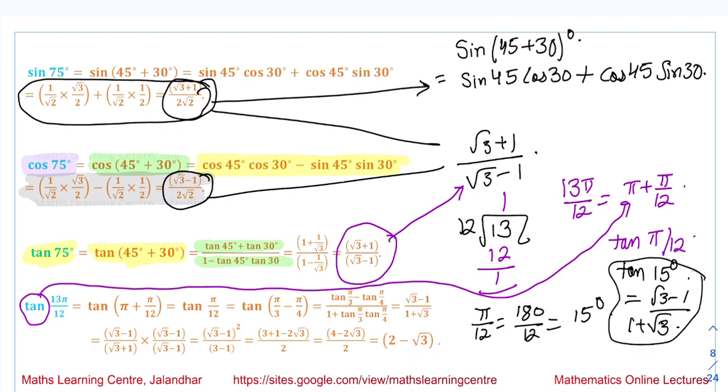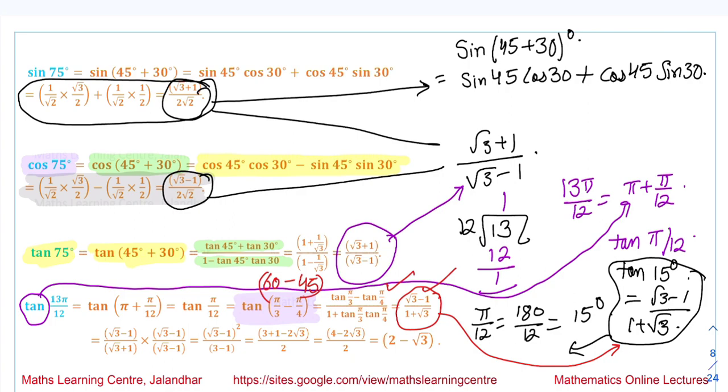This answer we have already obtained in our previous slide, or you can write this as tan of pi by 3 minus pi by 4. Here pi by 3 is 60 degrees and pi by 4 is 45 degrees. We have applied the formula and we have obtained the same answer, square root 3 minus 1 over 1 plus square root of 3.